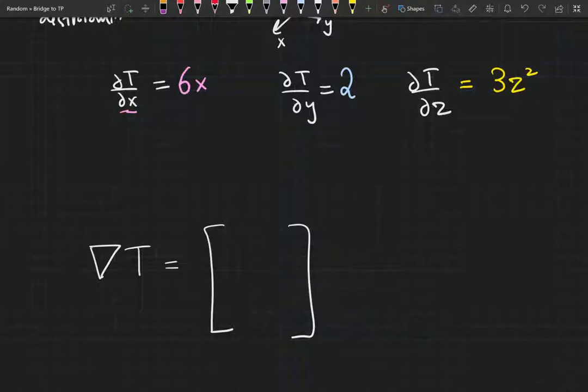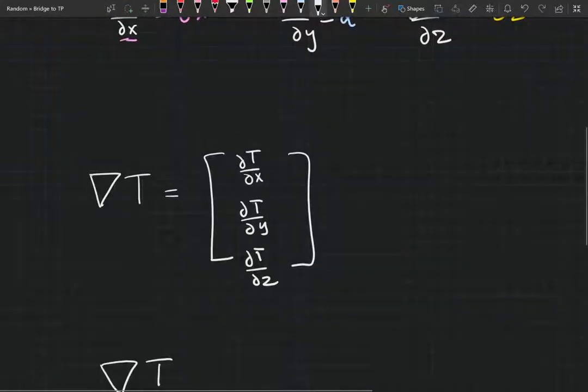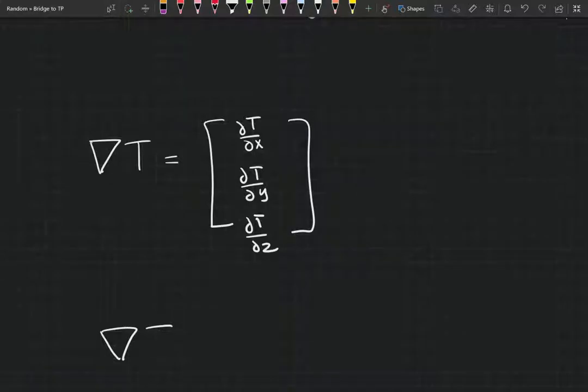The gradient of temperature is itself a vector expression. The gradient of T is represented as a column vector.